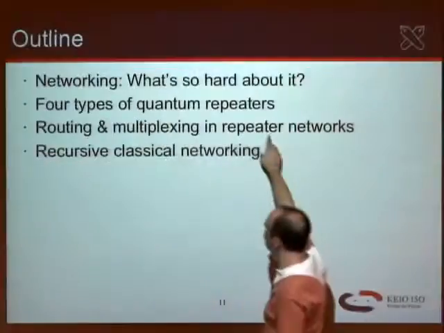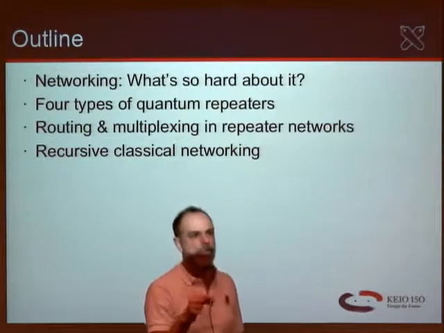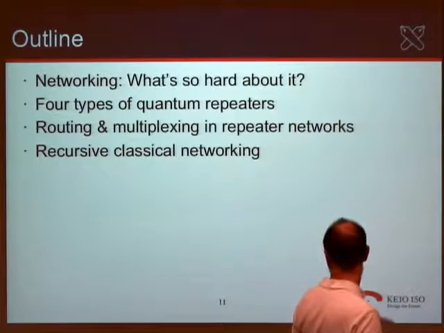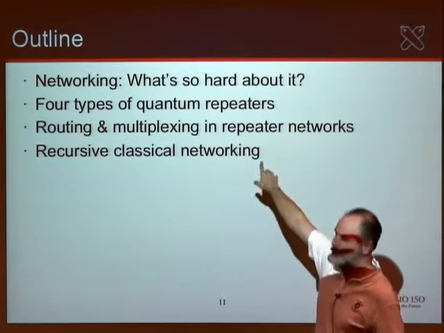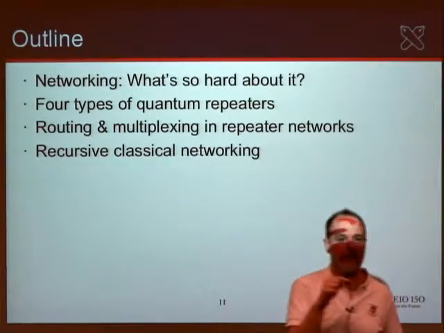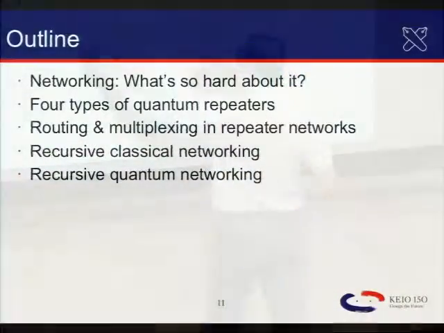So we're probably pretty much okay in that sense. I'll talk very briefly about 4 types of quantum repeaters and quantum repeater network architectures, and then go in particular into the results that I really want to show, which are about routing and multiplexing in networks, and then the discussion of the recursive quantum network architecture.